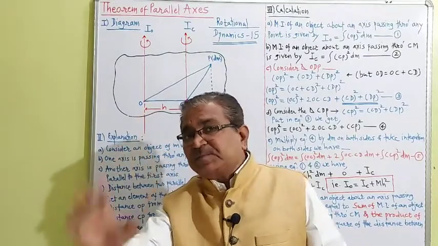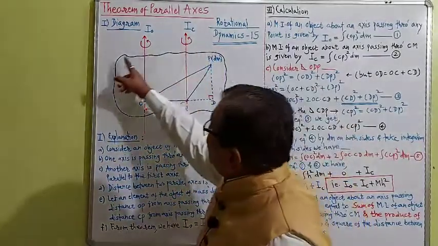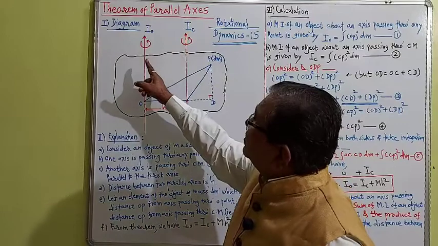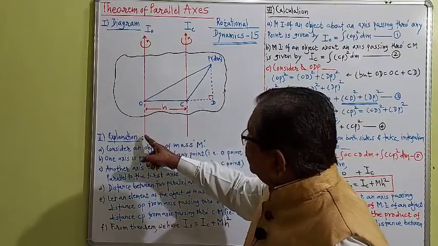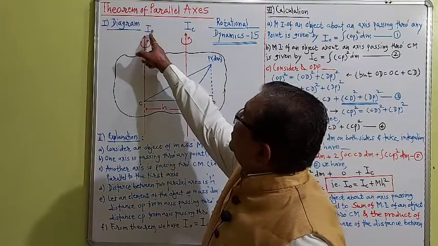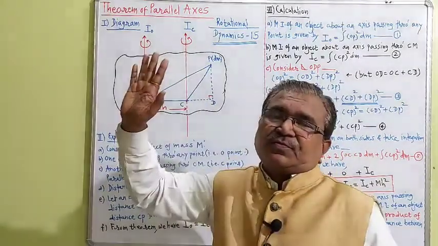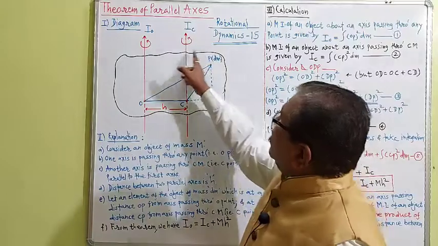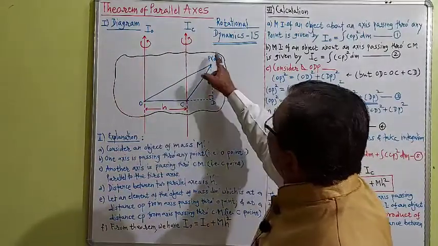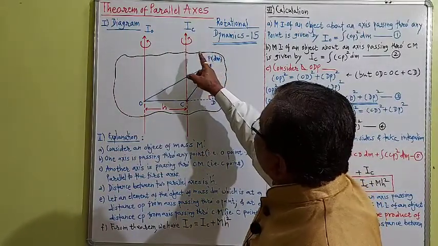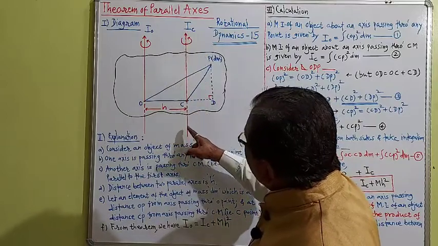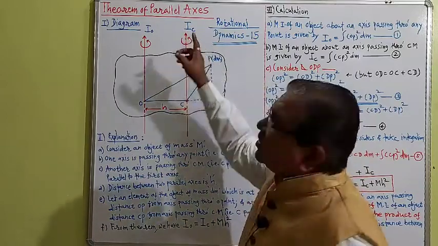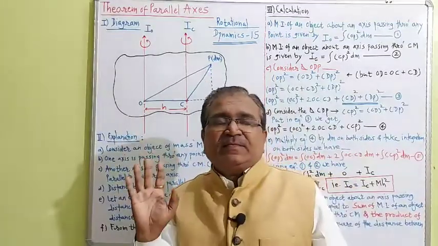I will repeat again. The moment of inertia of a body about an axis passing through any point, we call it IO. The moment of inertia of a body about the parallel axis passing through the center of mass, we call it IC.